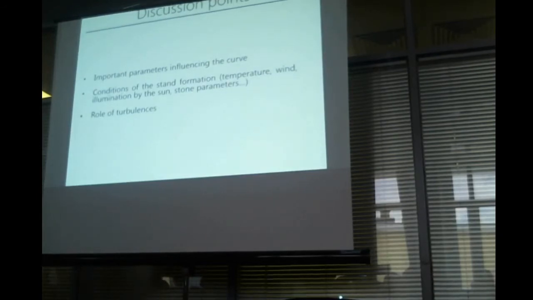Starting with the first point, how do you think, both the reporter and opponent, which parameters define the curve of the stand? I don't have the exact dependence on important parameters. I only have what I have seen happening, and I have seen that with greater wind speed, the difference between the lowest point and the highest point increases, and I have an explanation why.